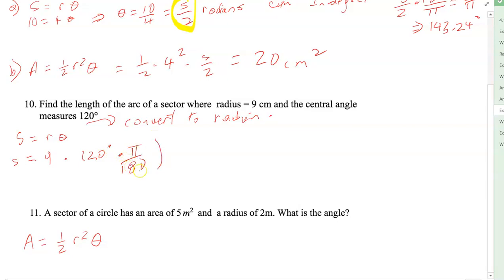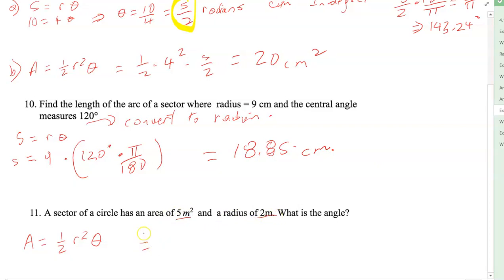So 120 times pi over 180. And when we do all that, we should end up with 18.85 centimeters.